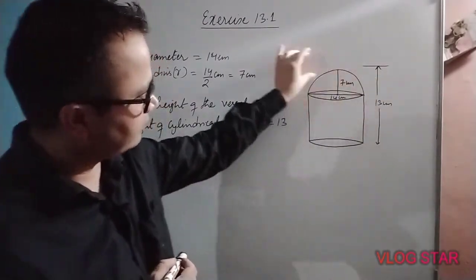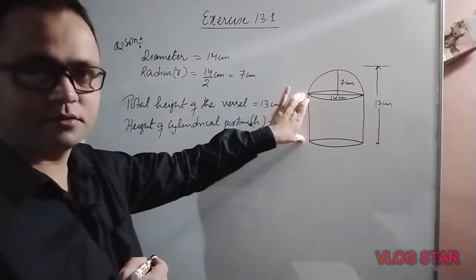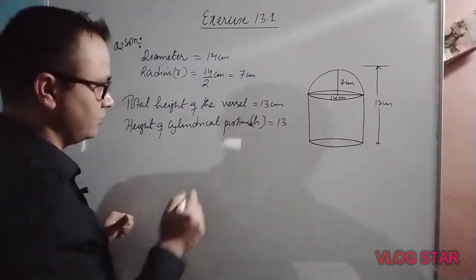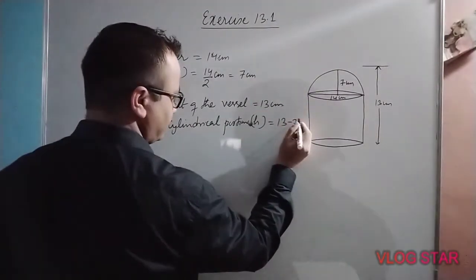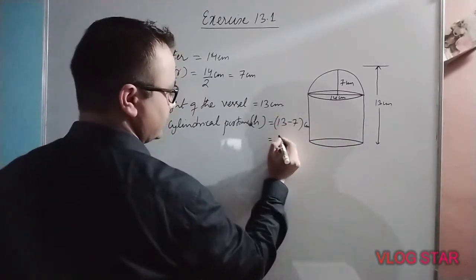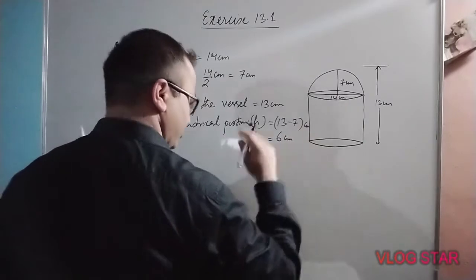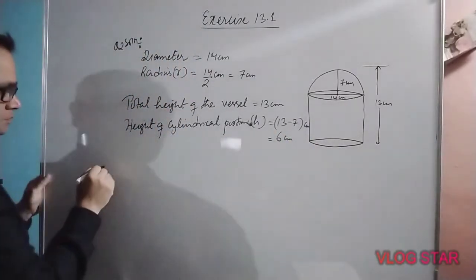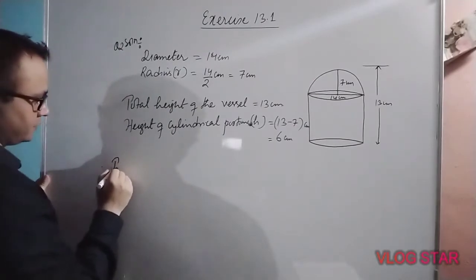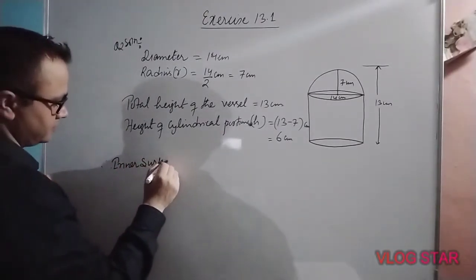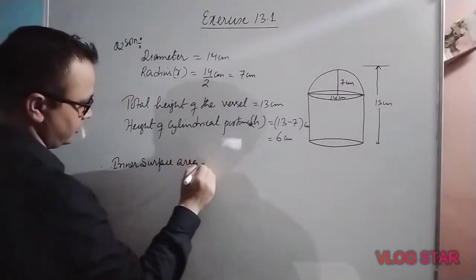So H equals 13 minus 7, which is 6 centimeter. Now we can calculate the inner surface area of the vessel.